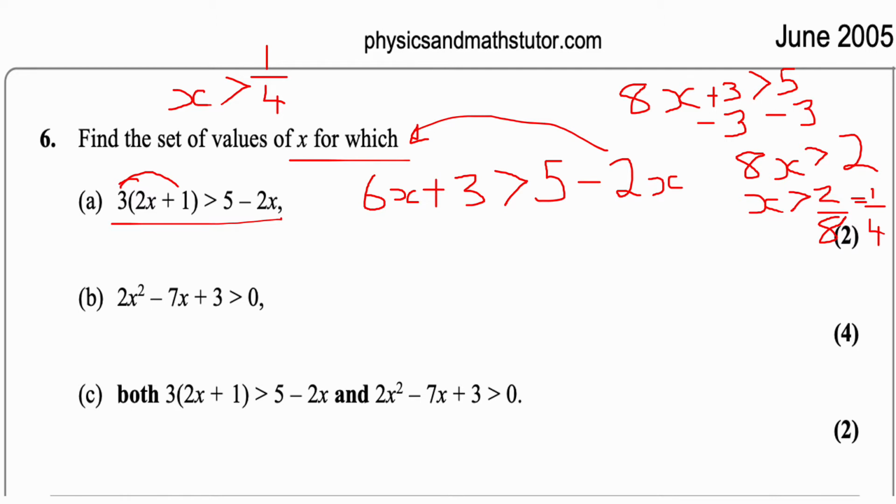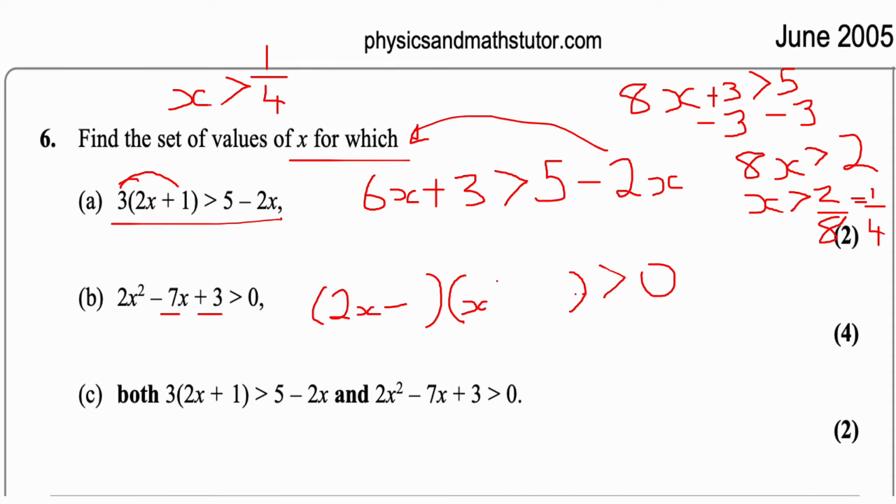Part B, solve this quadratic inequality. So I've got to factorize this. To make 2x squared, I'm going to put a 2x and an x. So 2x goes here and an x goes here. I've got a minus here and a plus here.